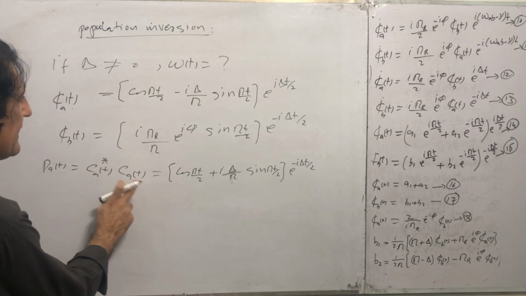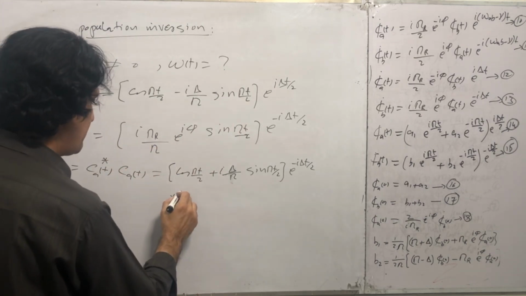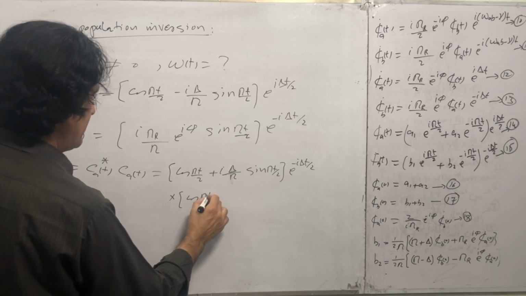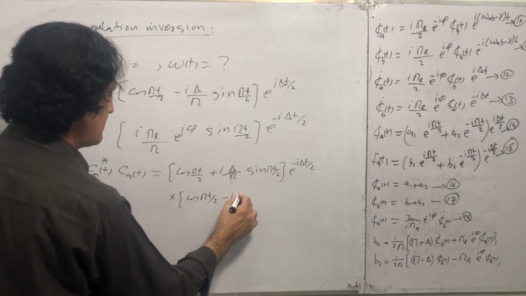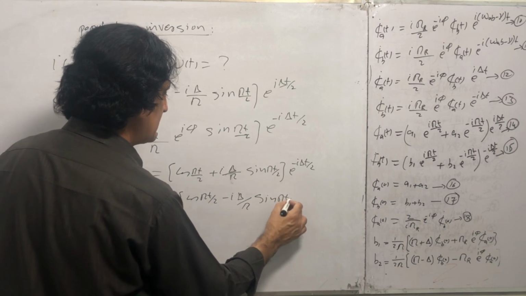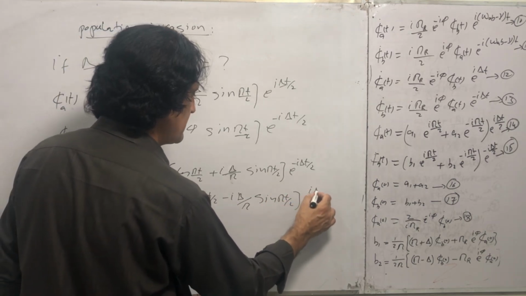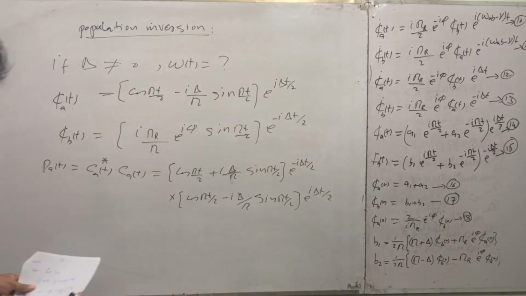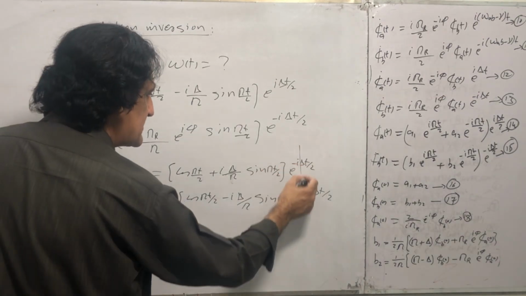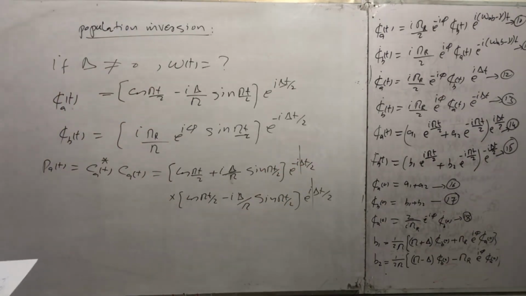And C_A(t), this one, with multiplication, is cosine of omega t divided by 2 minus i delta divided by omega sine omega t divided by 2, and e to the power i delta t divided by 2. If we multiply this with this, this term will cancel out.